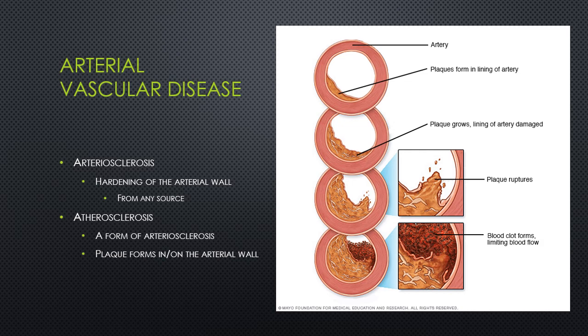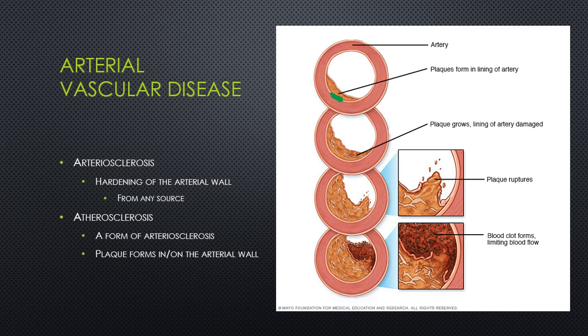Atherosclerosis is a form of arteriosclerosis, and this is what happens when cholesterols or plaques form on the inside of the arterial wall. The mechanism for that is essentially an endothelial injury. Let's say that we have some turbulence or some injury that occurs here on the wall of the vessel itself, and the body responds by placing these fatty streaks or plaques on top of it.